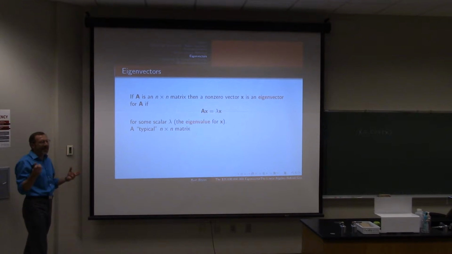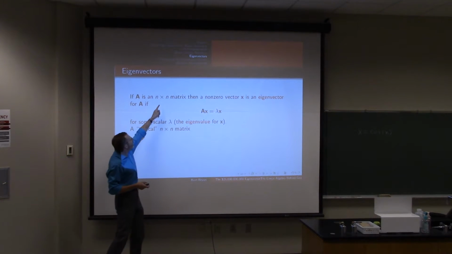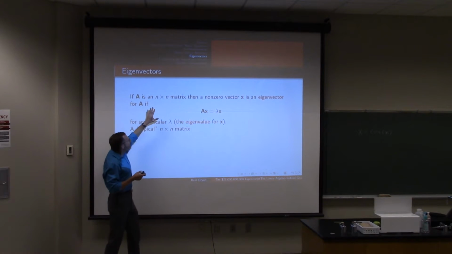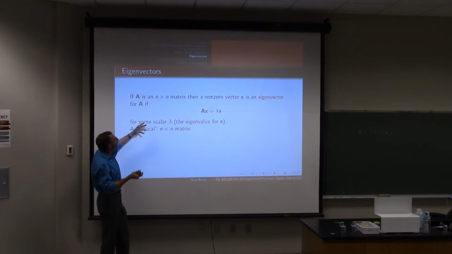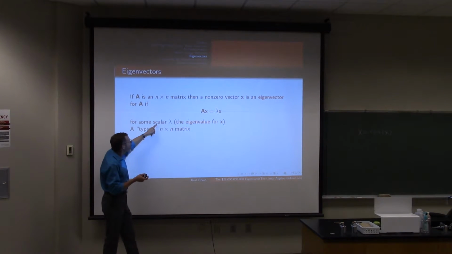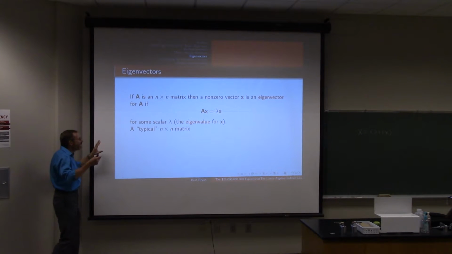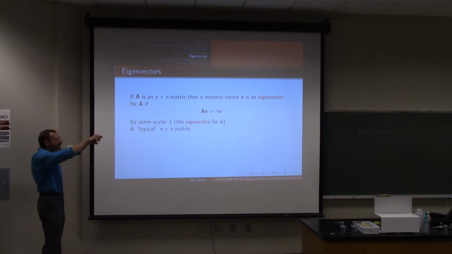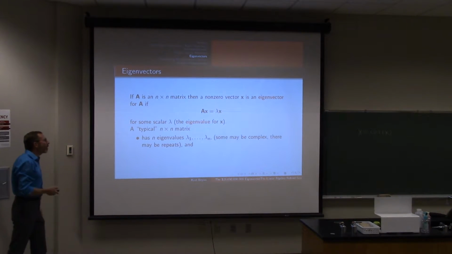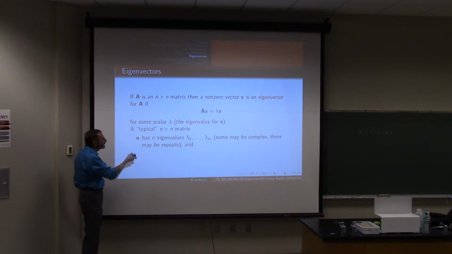Now here's a few facts about eigenvalues and eigenvectors. If A is an n by n matrix, then we say a non-zero vector x is an eigenvector for A if this equation is satisfied, and lambda is the corresponding eigenvalue. That's the definition I gave a moment ago. For a typical n by n matrix, meaning n rows and n columns, you will find that there are n numbers that act as eigenvalues.